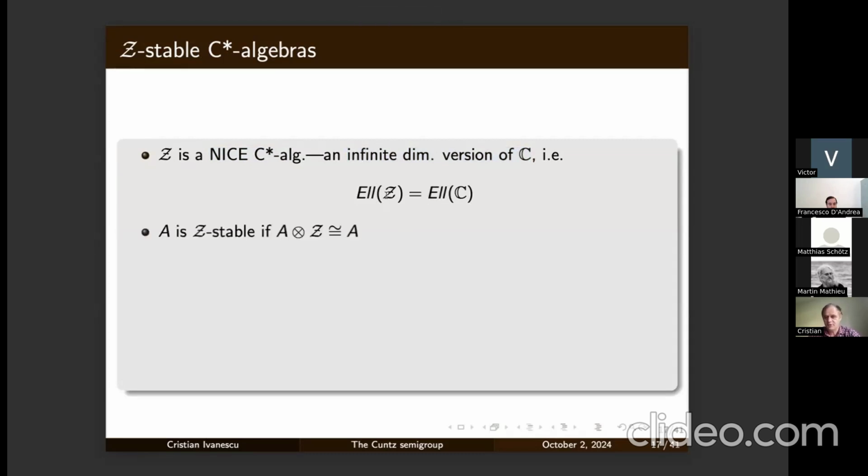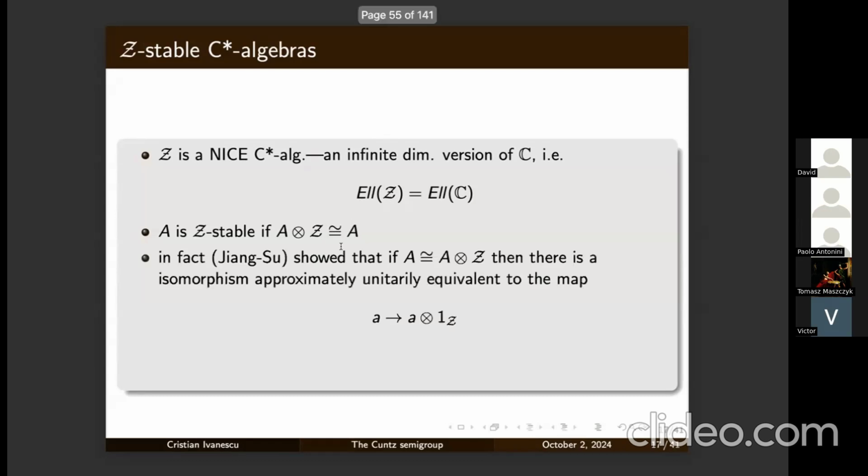And the property that we have is that we say the C*-algebra is Z-stable if A tensor Z, this nice algebra which one can show exists, is isomorphic with A. And in fact, Jiang and Su originally introduced this algebra.